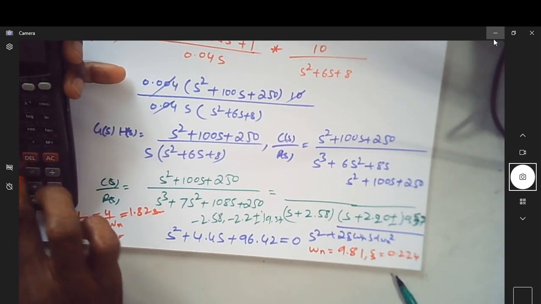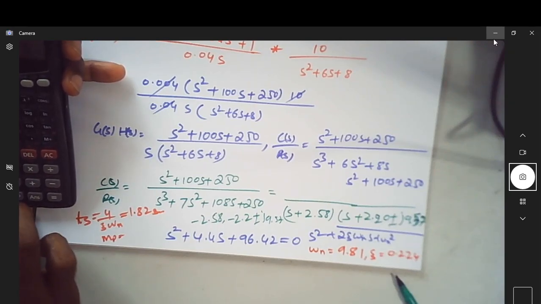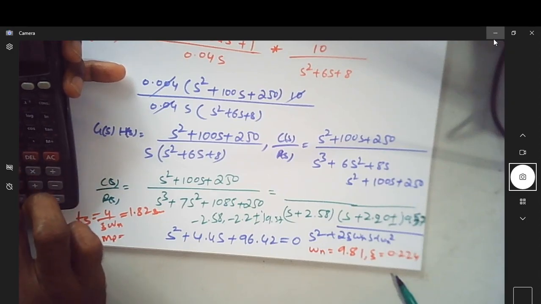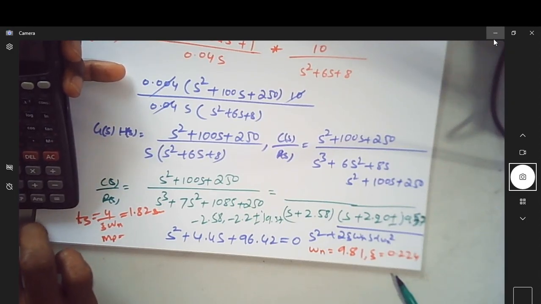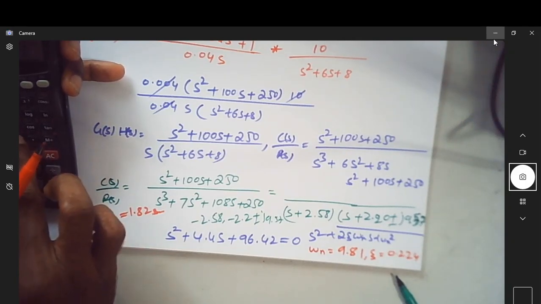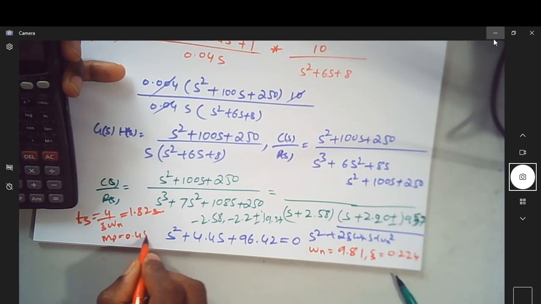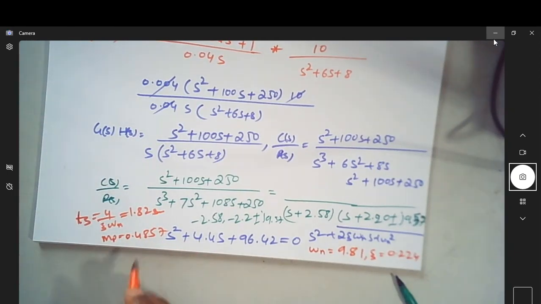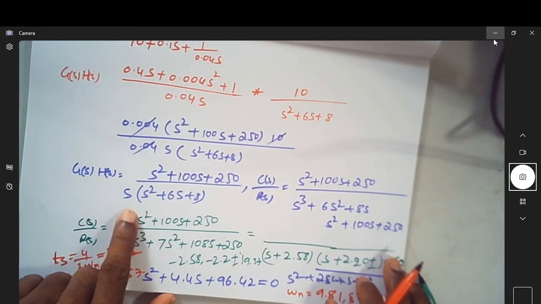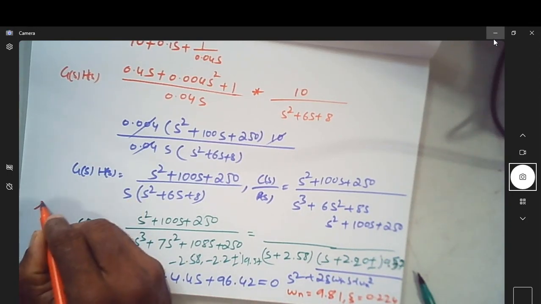Exponential minus of 0.224 into pi divided by the root of 1 minus 0.224 square, close. Yes, it is 0.4857. So it is 48%. We can find G(s) into H(s), which has an s term. This is also a type 1 system. ESS is 0.